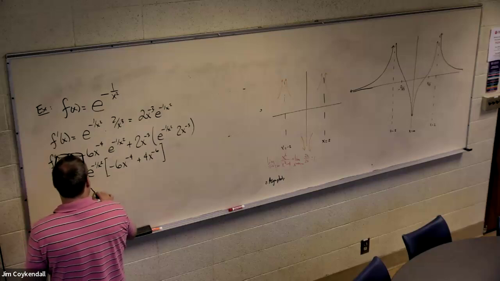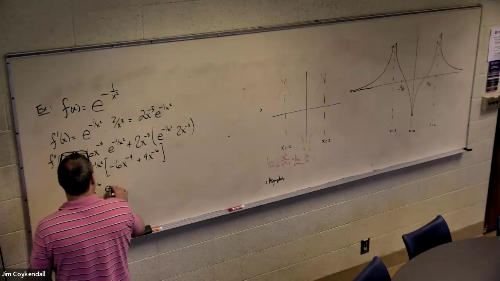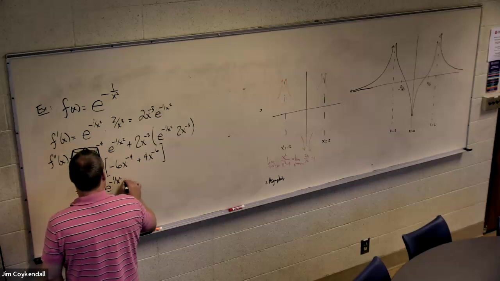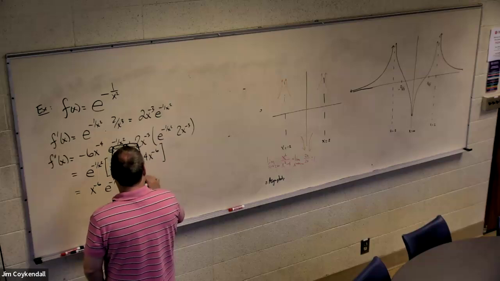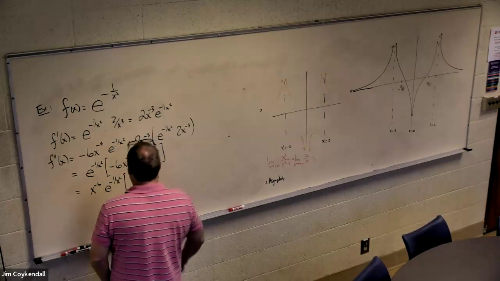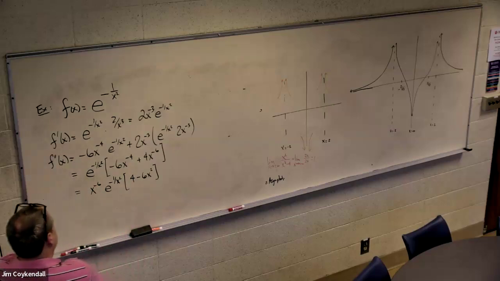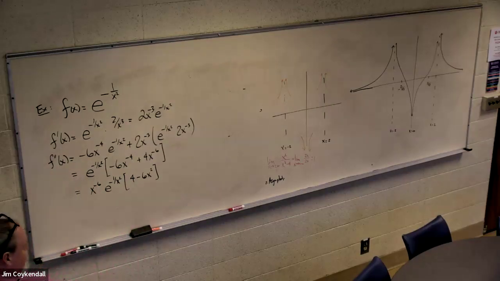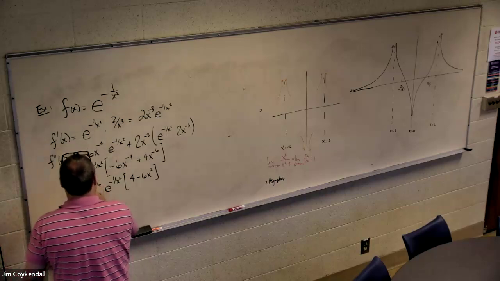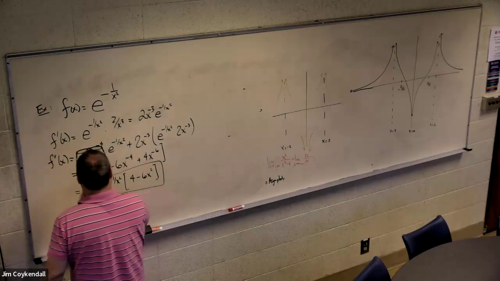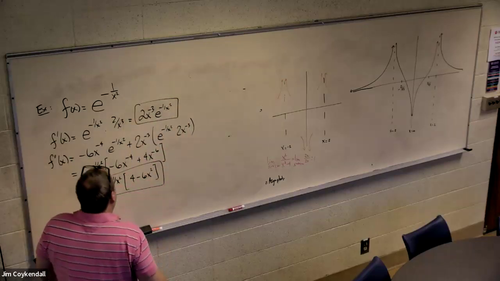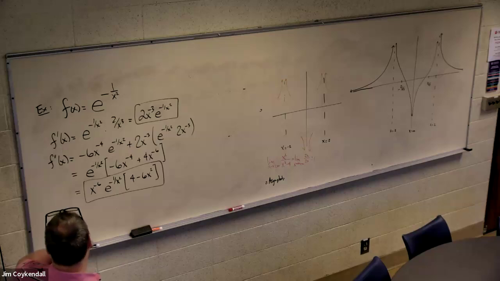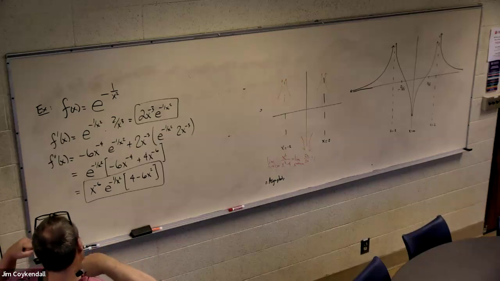So this is going to be e to the minus 1 over x squared times 4 minus 6x squared. Okay. Any questions on that so far?